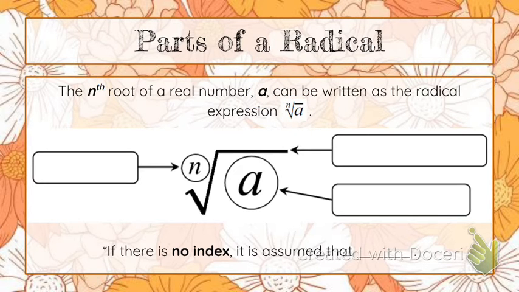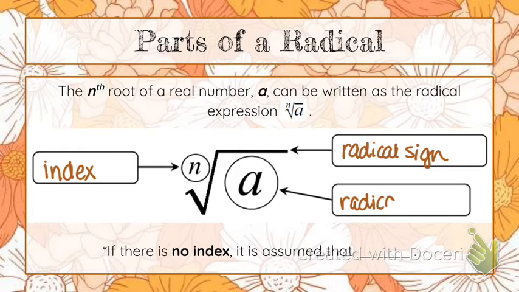So the n is called the index. That's what that part is called. This little check mark is just the radical sign. It's just a symbol. And then a, the number under the radical, is called the radicand.